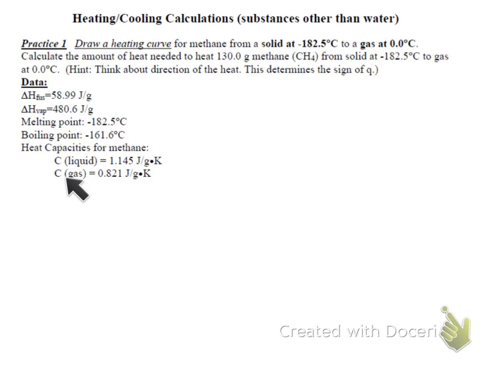Note that the C's are different for the liquid or gas. And these are both not water, so they have strange numbers, different melting points, different boiling points than we're used to seeing for water. The first one is for methane, fuel, and then the second one is for ethanol. So stop your video and then try the math and then turn it back on and check your work.